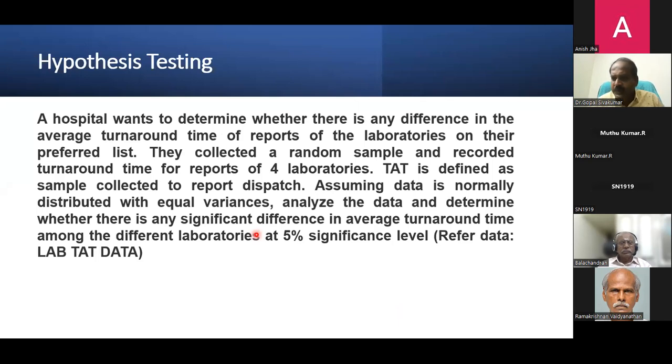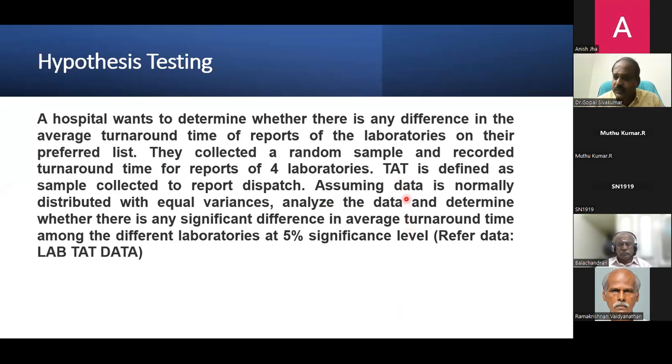And this problem, you remember, I already discussed, right? There is a hospital. There are 4 laboratories, and here the performance is measured using the turnaround time. You need to study the 4 laboratories and conclude whether one of the laboratories is performing significantly different from the others. What is the test you need to do? ANOVA.